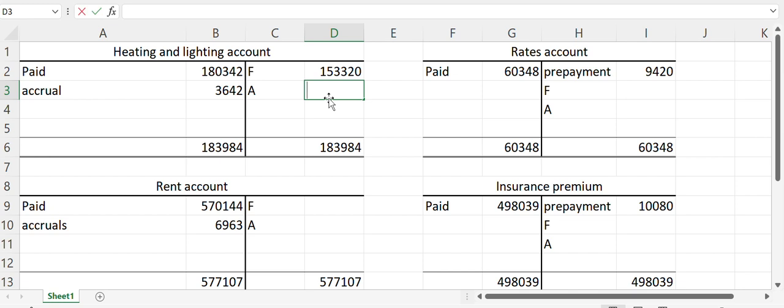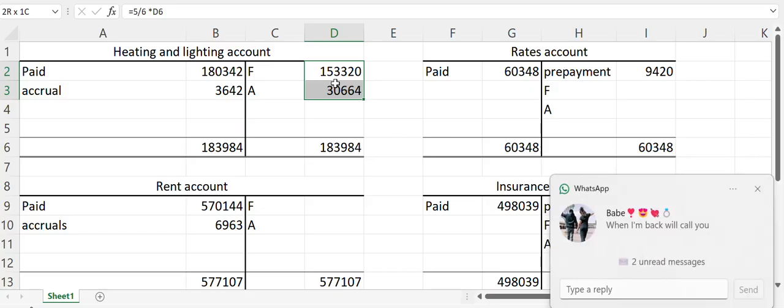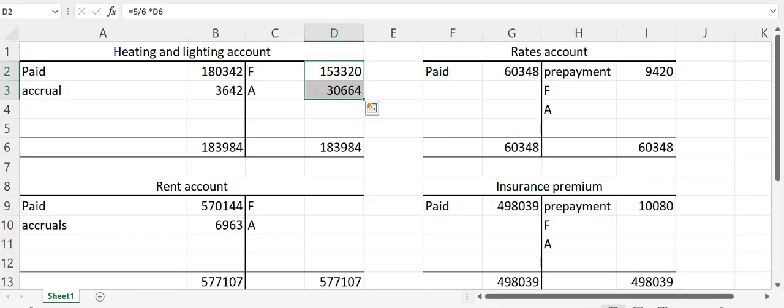This one is 1 divided by 6. Then we multiply by that. When you add these two, they should always give you 183. Okay. So we should do that to all of them.